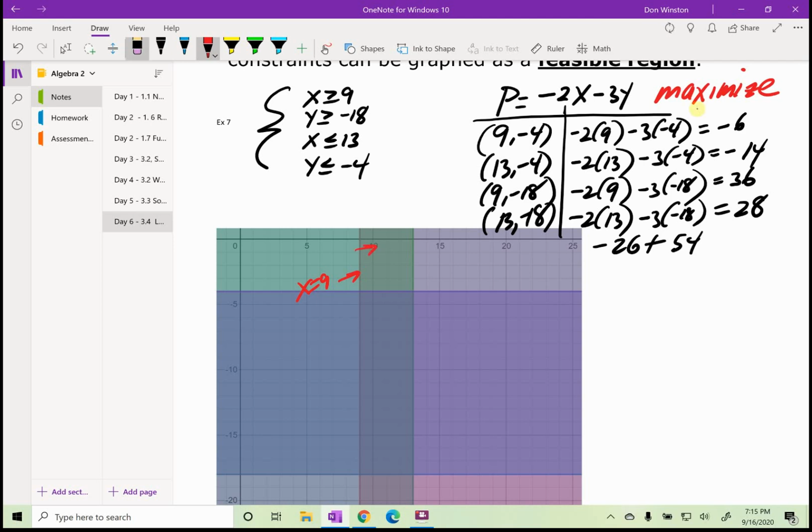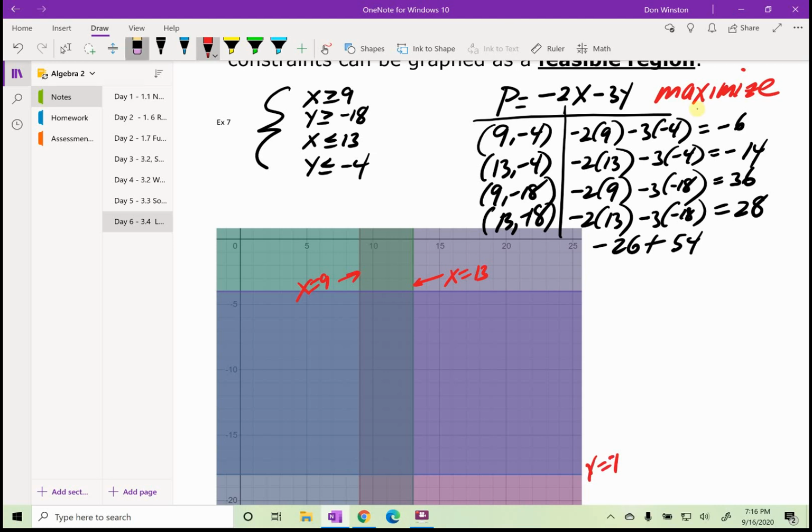And then we have the other one, x is less than or equal to 13. So then this equation, that's the equation x is equal to 13. But it is graphed in that way, so x is less than or equal to 13. And then what else do we have? We have y is greater than or equal to negative 18. And here's y is equal to negative 18.